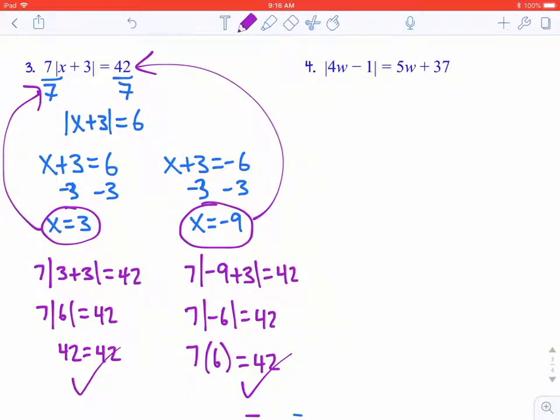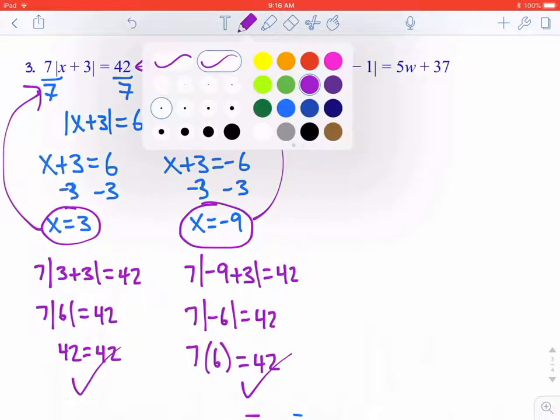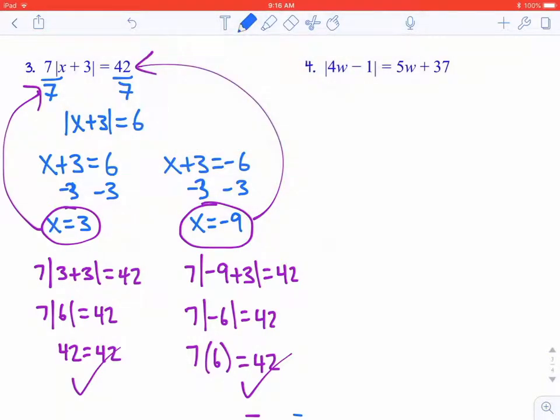Let's do one more equation. So let's see, we have the absolute value of 4w minus 1 equals 5w plus 47. So the absolute value symbol is by itself. So we'll solve one equation that kind of looks like what we're given. Our second equation, we need to change the signs of what is on the right side.